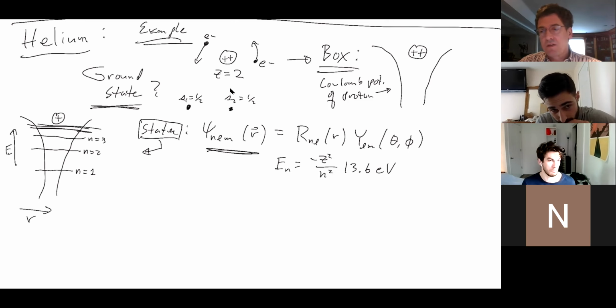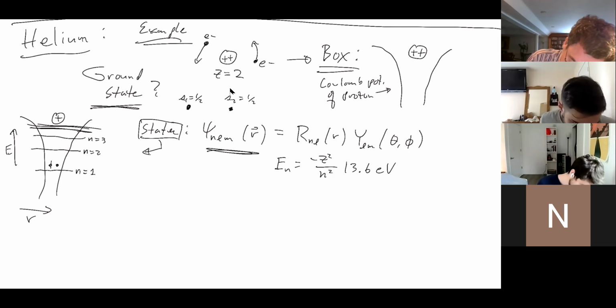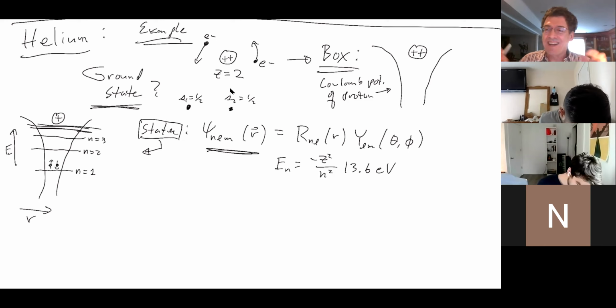How many do I put there? You could put 2 with different spins, right? Perfect, that's exactly right. Using this oversimplified notation, I'll put 1 in there spin up, and 1 in there spin down. Now I can stick them both in there and satisfy the Pauli exclusion principle.